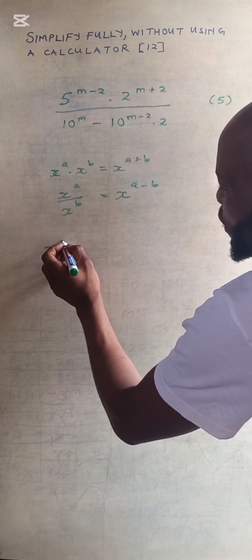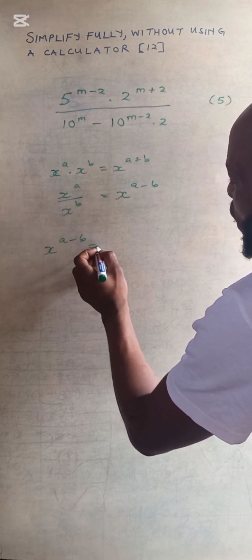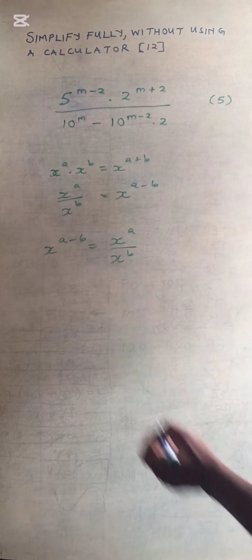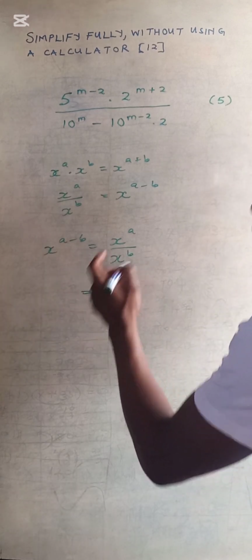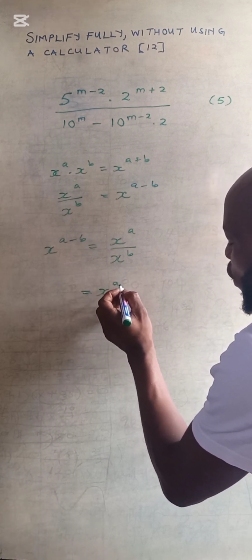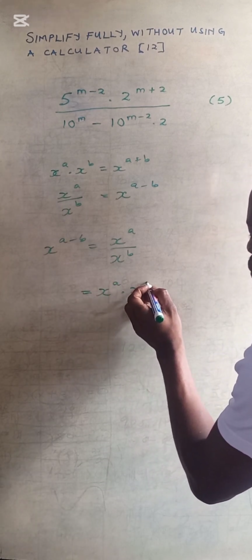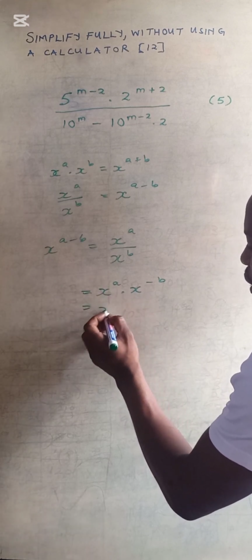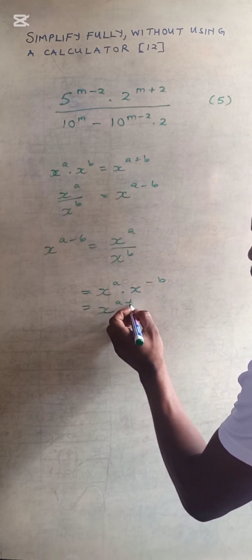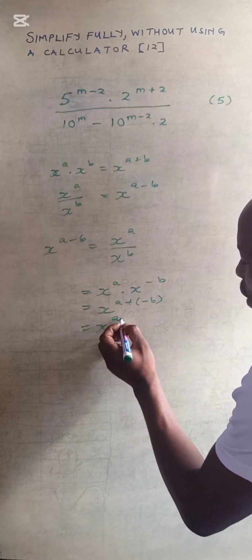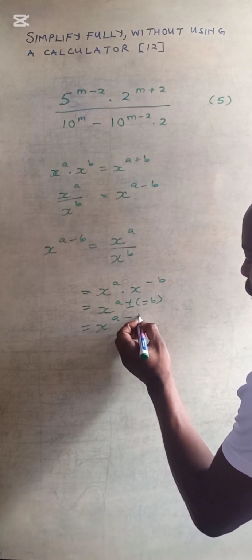X to the exponent a minus b can be written as x to the exponent a over x to the exponent b, or it can also be written in terms of the first law of exponents as x to the exponent a multiplied by x to the exponent minus b, because in this case, if we are to add the exponents, we'll have a plus minus b, and we know that positive by negative is negative.